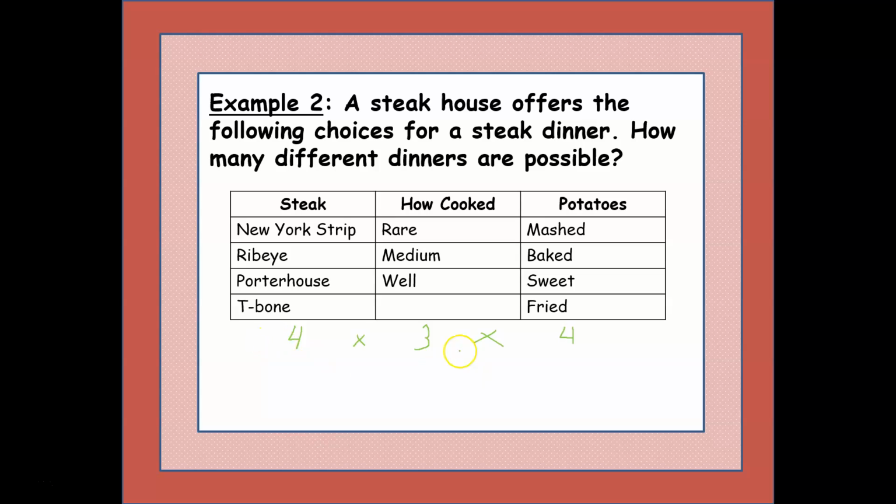We take 4 times 3, which is 12. Then we take 12 times 4, which is 48. So we have 48 different dinners that they can choose from just by having these 4, 3, and 4 different options.